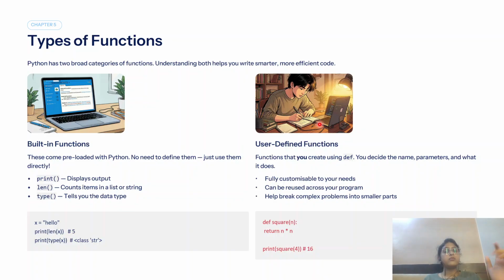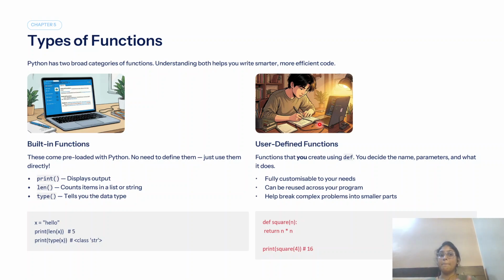Types of function. There are broadly two main types: built-in and user-defined. We have done some of them so far. If you remember, we have done len, type, input, max, min, sum, average.